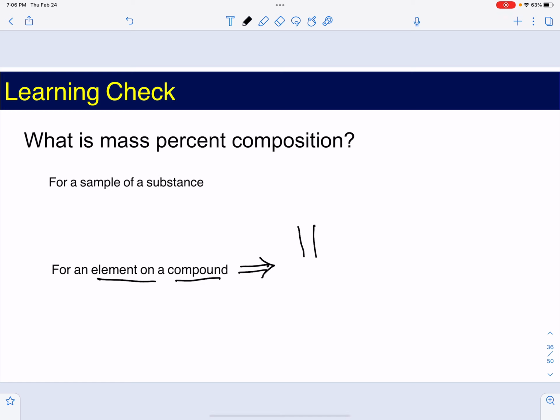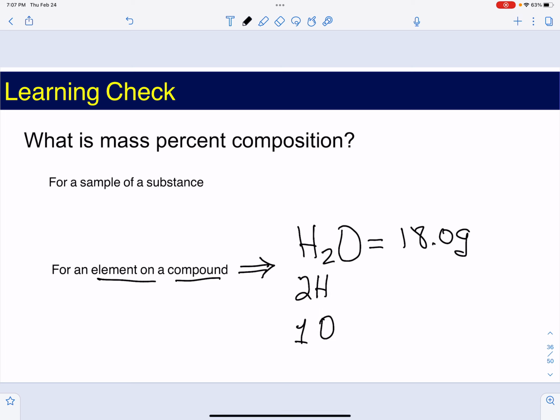So if I happen to have water, which I know has a molar mass of 18.0 grams from the periodic table, and it contains 2 hydrogens and 1 oxygen, and the hydrogens are 1.0 grams per mole, so I have a total of 2.0 grams per mole of hydrogen, and the oxygen is 16.0 grams per mole.